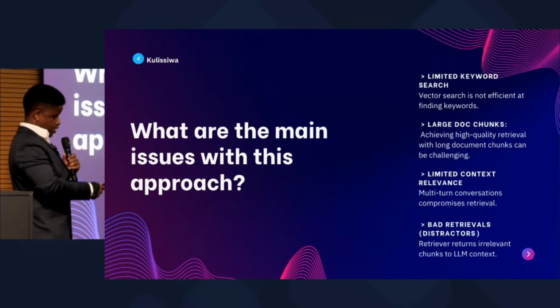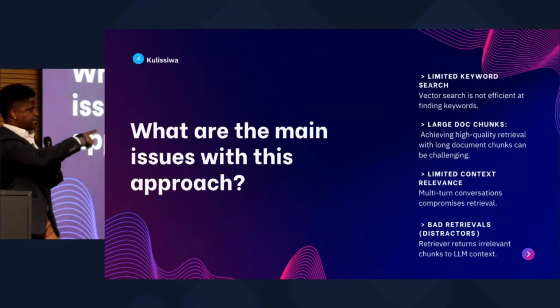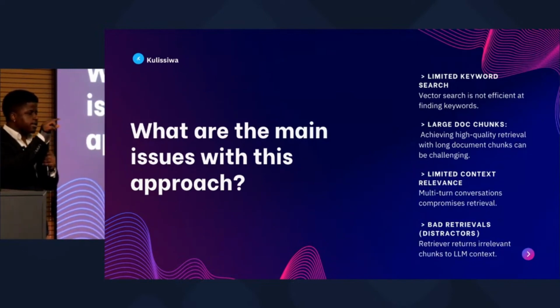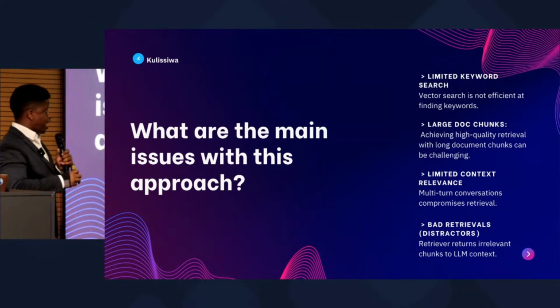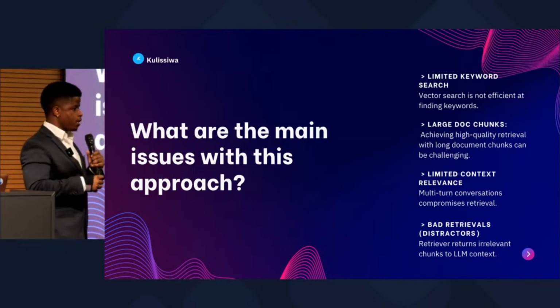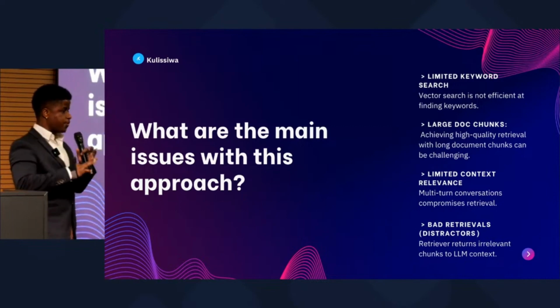So let's see. First is limited keyword search. As some of you mentioned, you might not be able to find the particular keyword, or you might find a lot of the keywords, but not really the context that's relevant to the information. This can happen for a lot of reasons. In my case, when I revamped the pipeline for Kulissiwa, I noticed that I had really large chunks, for example, for PDFs.